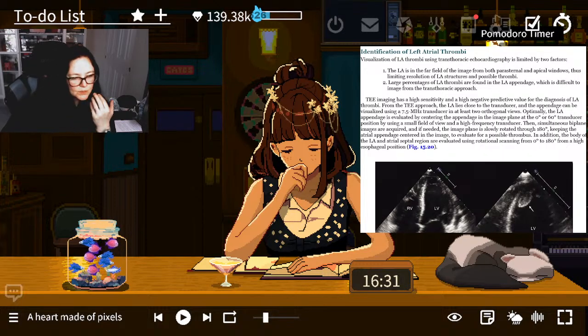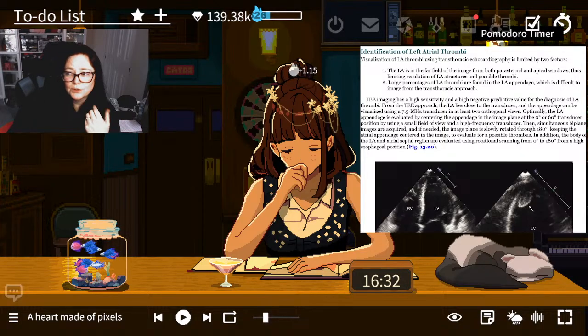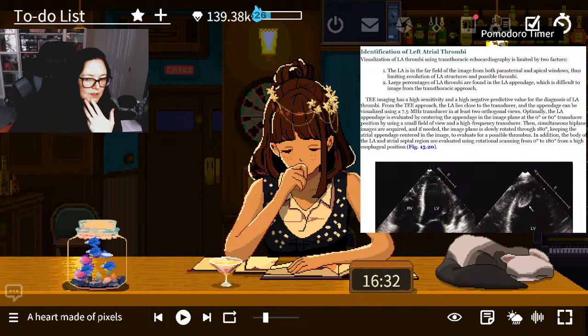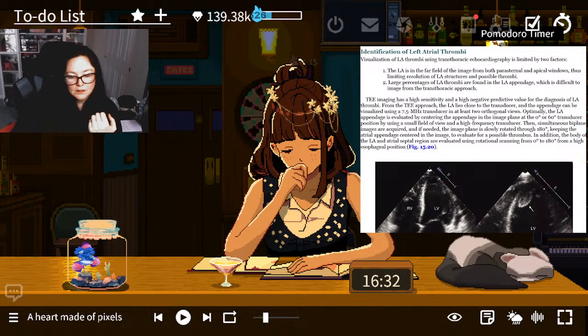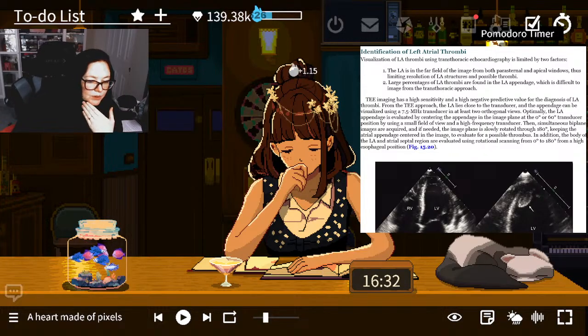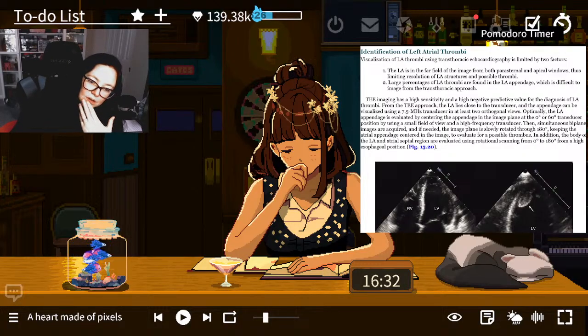Okay, so the next question we have here, or the first for you, I guess. An intraprocedural transesophageal echocardiogram is provided for guidance during an LA appendage occluder procedure. Based on the image provided, the next step would be: leave the device in current position, redeploy a device in current position, recapture the device, move to a different position, or release the device in current position.